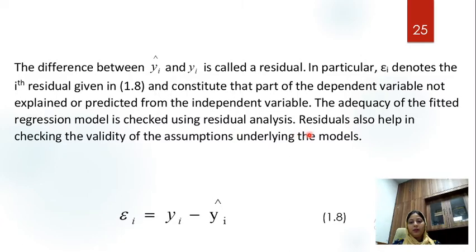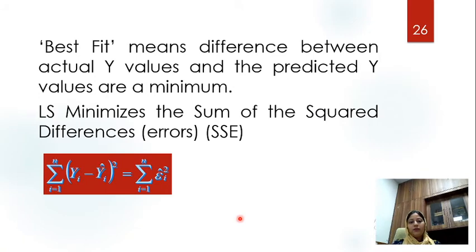Residuals also help in checking the validity of the assumptions underlying the model. So the ith residual is the deviation yi minus yi hat. Best fit means that the difference between actual y values and the predicted y values is a minimum. The method of least squares minimizes the sum of the square differences, SSE.